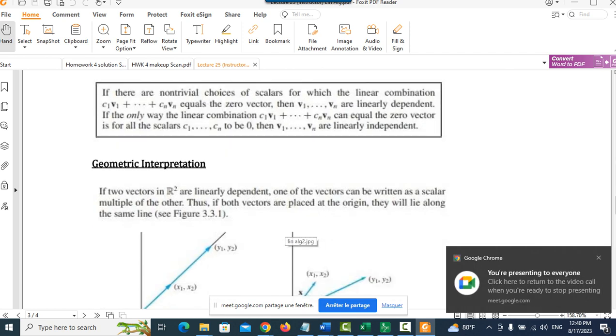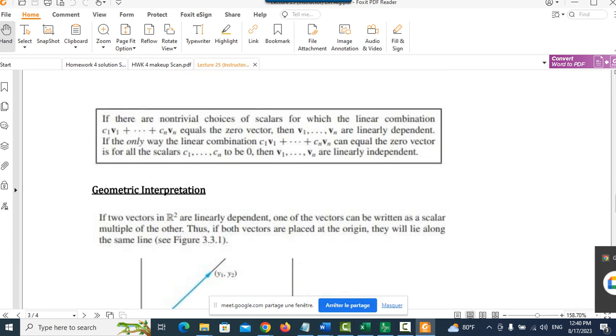Now, if there are non-trivial choices of scalars, meaning that the values we select are non-zeros, such that the linear combination c1 v1 plus cn vn is equal to the 0 vector, then v1 through vn are linearly dependent.